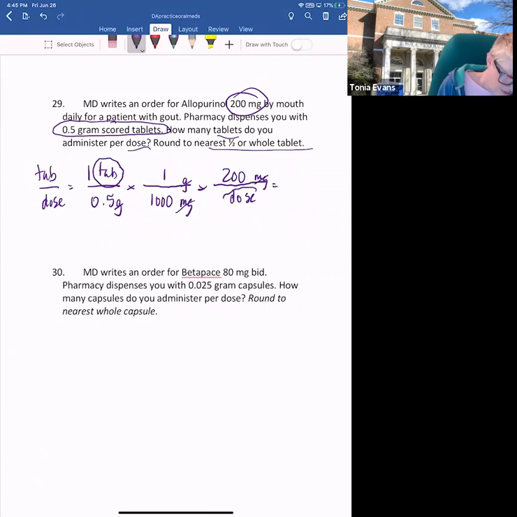Milligrams canceled out. I'm left with tablets per dose. So I've got 200 divided by 0.5 divided by 1,000. That gives us 0.4. My rounding rule is round to the nearest half or whole. So we're going to give 0.5 tablets per dose.